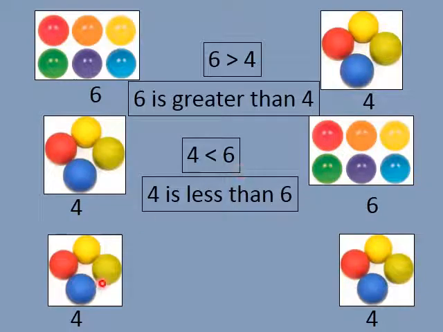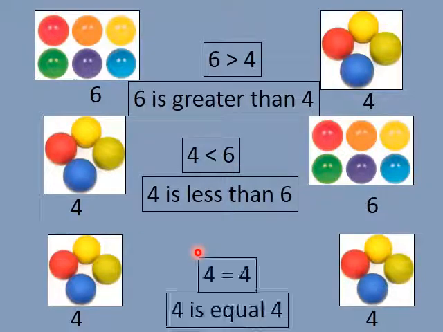Now let's see the last one, that is 4 balls on one side and 4 balls on the other. So here both the sides have the same number, so we can say that 4 is equal to 4. This is the equal to sign.